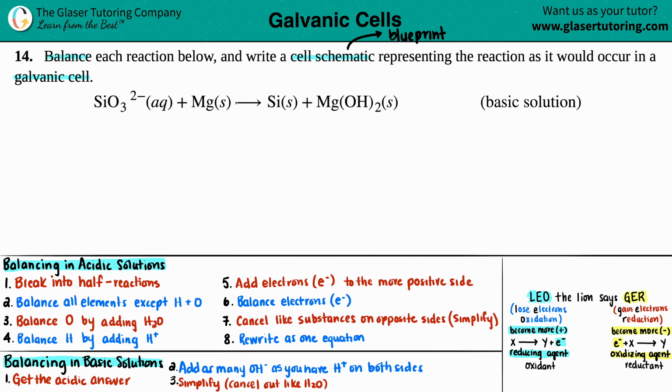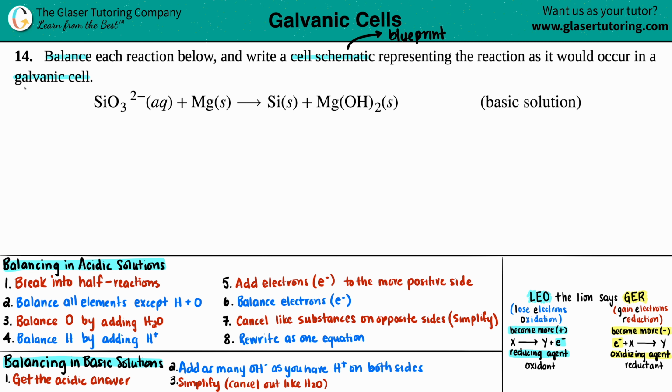But in order to do the schematic in the best way possible, we should break these into their half reactions and start balancing, because we need to find out which one is undergoing oxidation and which one is undergoing reduction. We're only going to be able to find that out if we have our half reactions. So we're going to start balancing, and then somewhere in the middle, we're going to be able to draw that schematic.